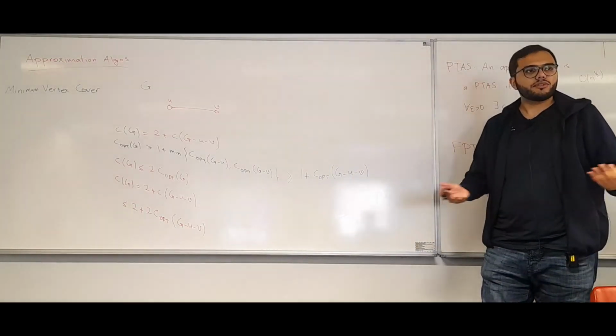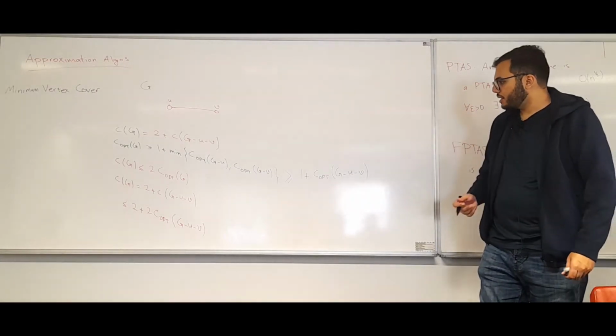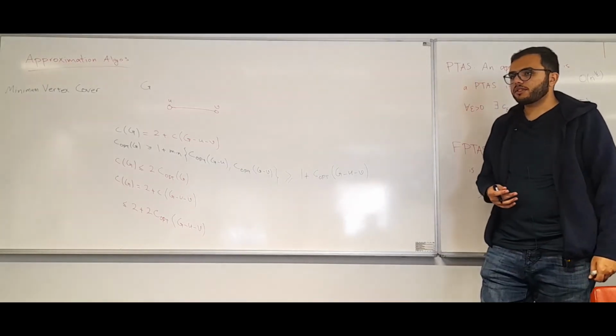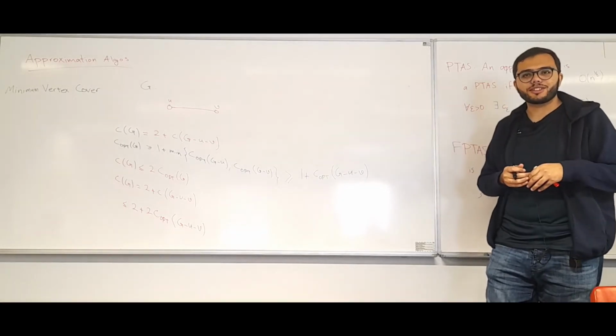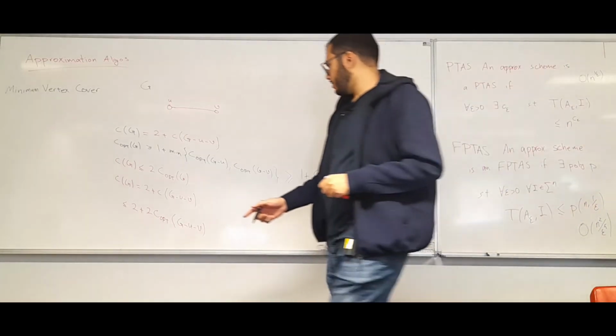Because of course, if I have a subgraph, I have either a smaller vertex cover or a vertex cover of the same size. It's not going to happen that I remove a vertex and my vertex cover gets larger. That's weird.